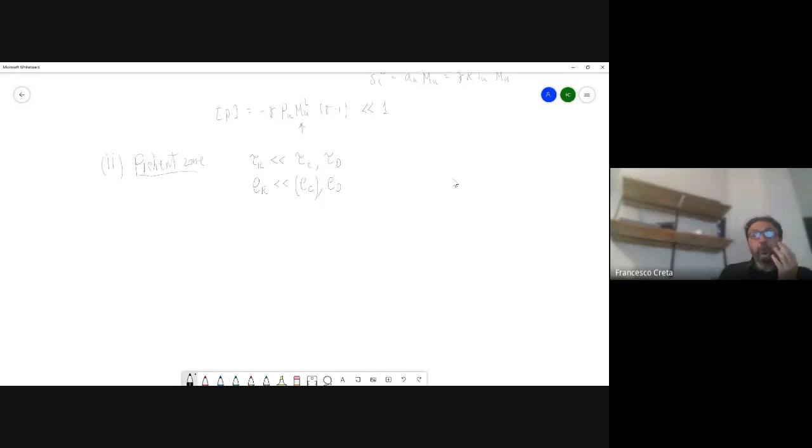So you can make the convection length scale as long or as small as you want. But clearly not the diffusion length scale, in the sense that the diffusion length scale will be related to essentially gradients.